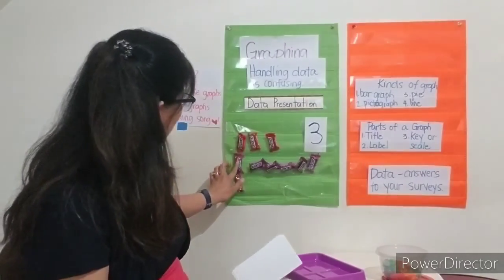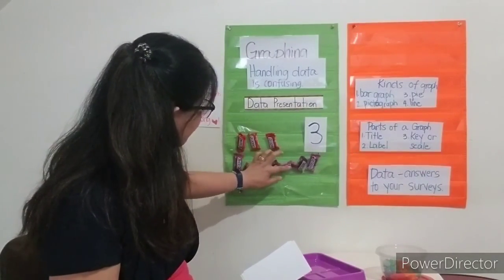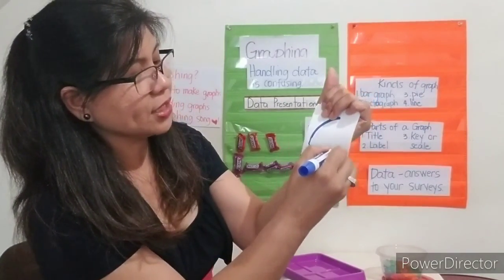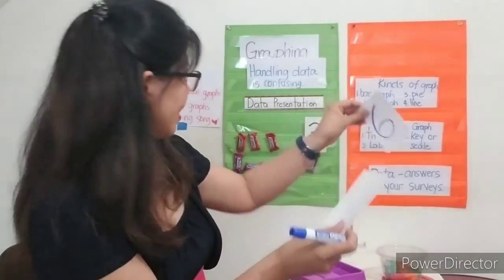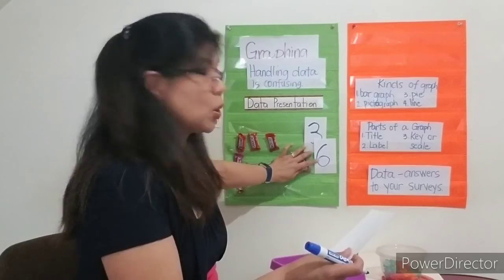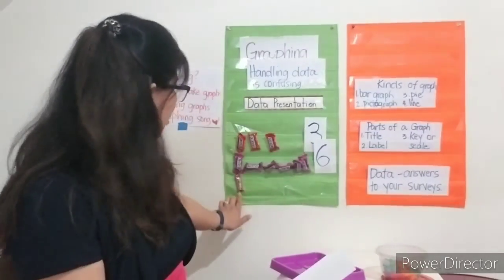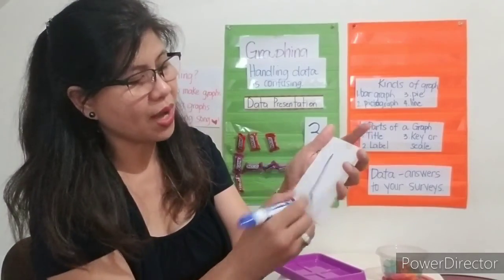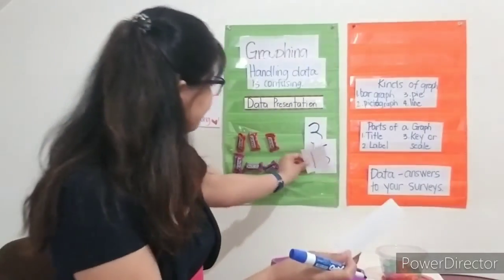Ready, go. 1, 2, 3, 4, 5, and 6. I have 6 purple. How do we do 6? Curl down and curl it up. Okay, so I have number 6 here to represent the number of purple chocolates. And how about the pink one? There's only 1, so I'll put 1 right there, okay?